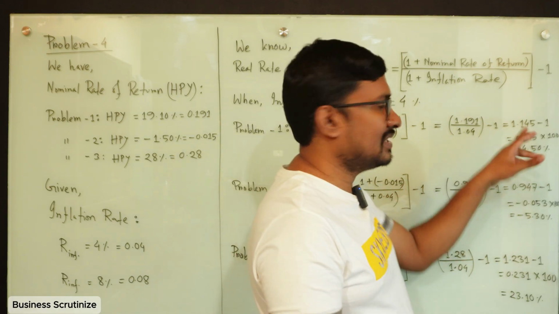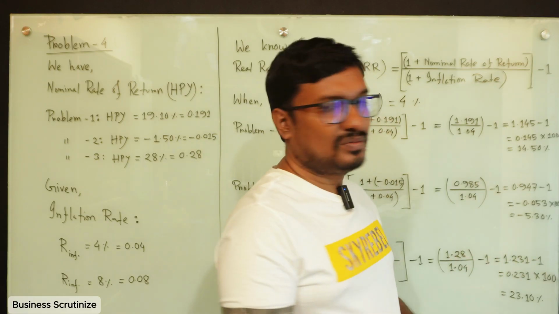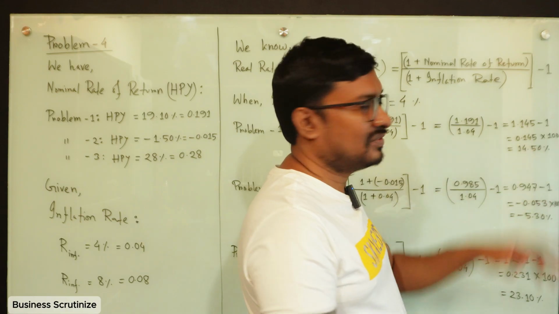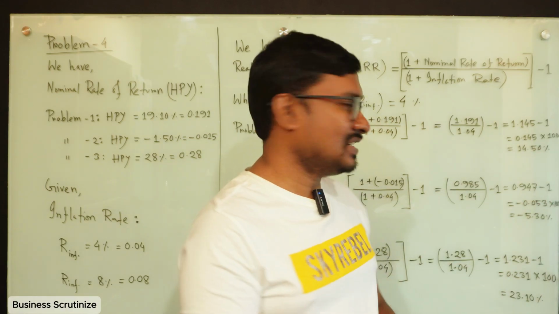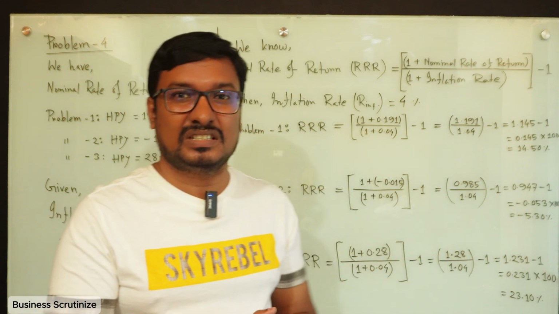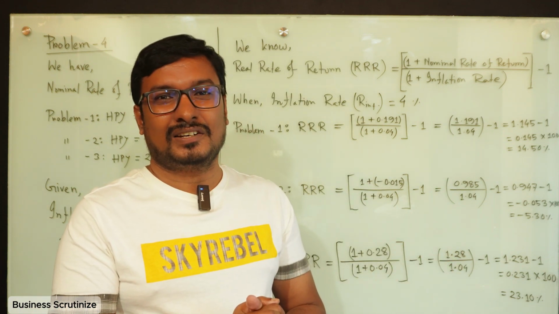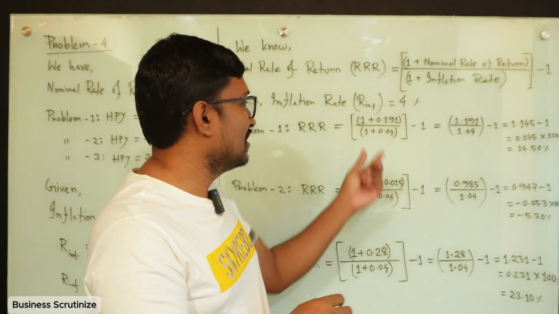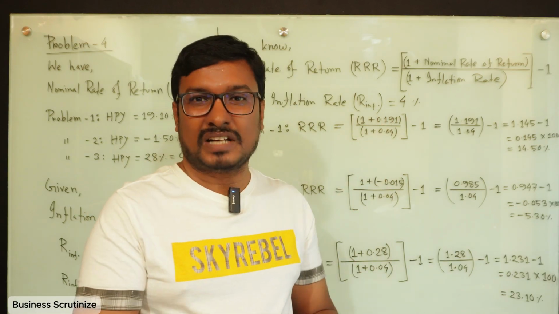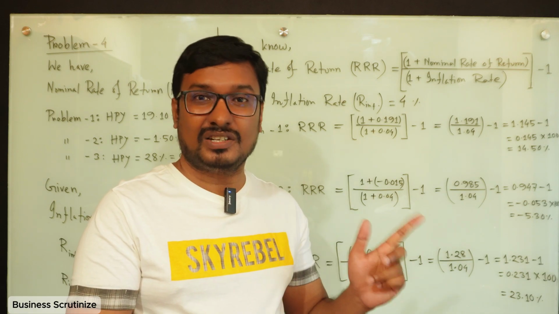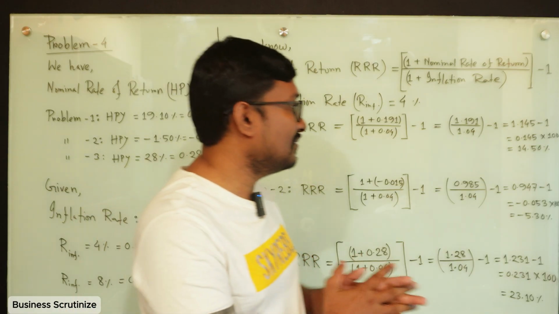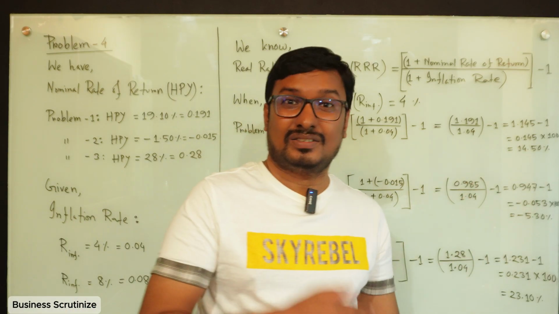After division we get 1.145, minus 1 gives 0.145, and multiplying by 100 to show it as a percentage, we get 14.5%. So this 14.5% is the real rate of return: if we adjust the nominal rate of return of 19.1% by 4% inflation, we have 14.5% as the real rate of return.